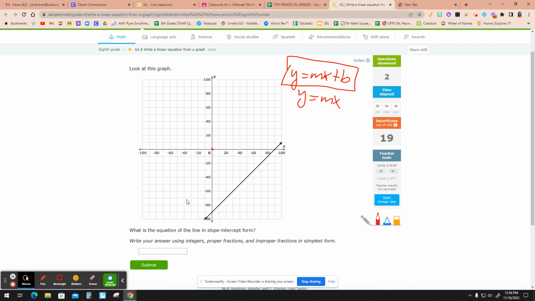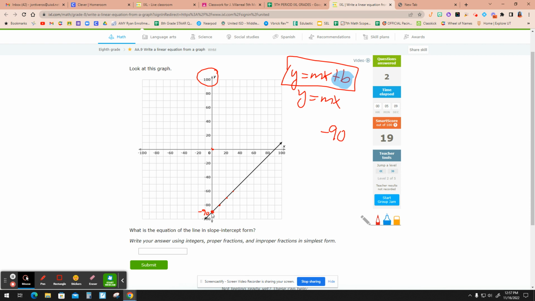So the line is passing through the y at this point right here, and the number between negative 100 and negative 80, that's negative 90. Okay, so that means I already have this part of my equation. So negative 90. Then from there, I find my pretty points.